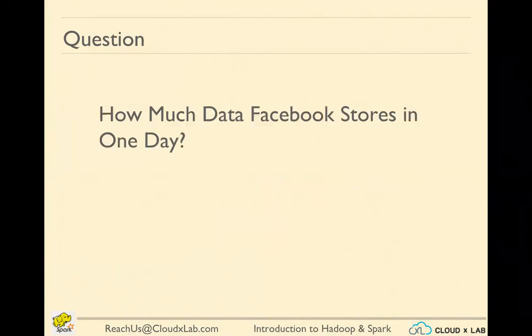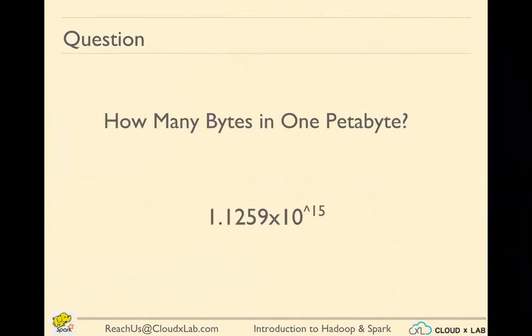Right? And basically the way you remember is in this way. 1 kilobyte means 1024 bytes, and 1 megabyte means 1024 kilobytes, and 1 gigabyte means 1024 megabytes, and 1 terabyte means 1024 gigabytes, and 1 petabyte means 1024 terabytes.